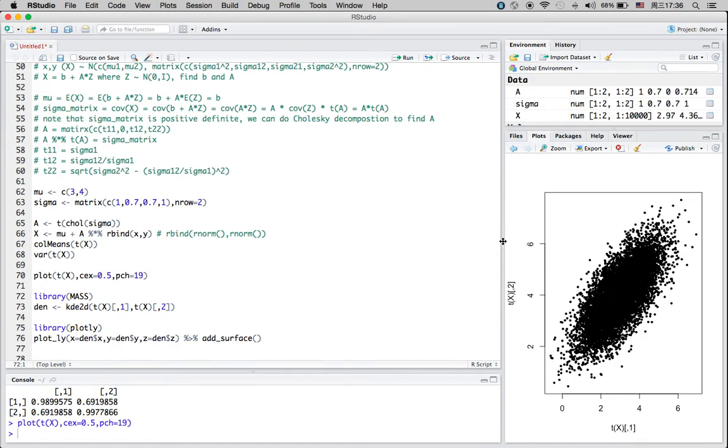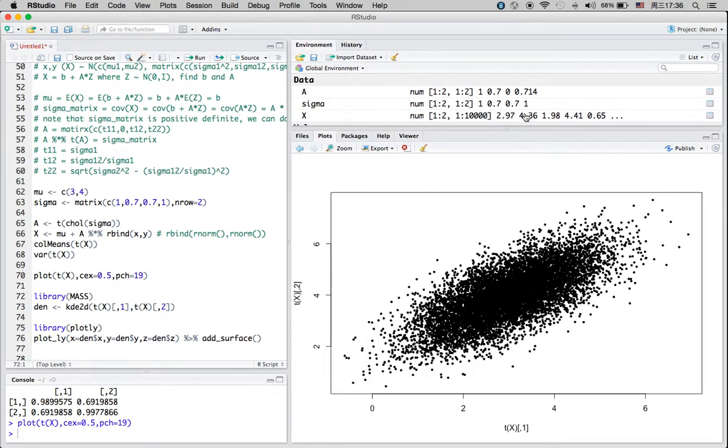Here we have the same 10,000 dots in this graph, and now you can see that it's not a perfect circle, it's an ellipse. That means there's some covariance between x and y. They're not independent. And there's an angle tilting; it's not parallel to the axis.